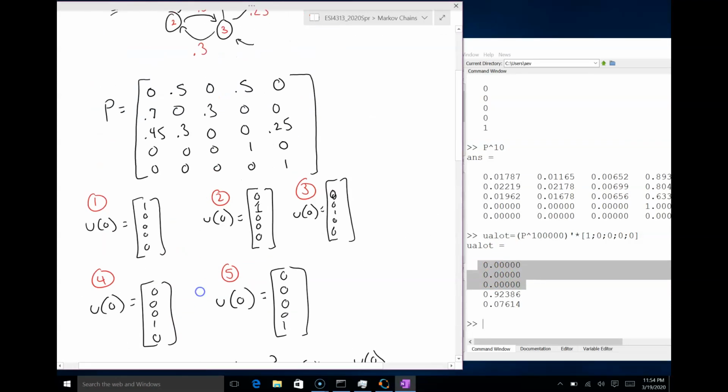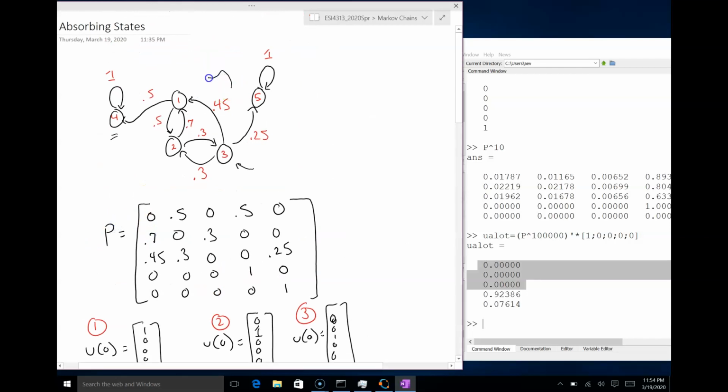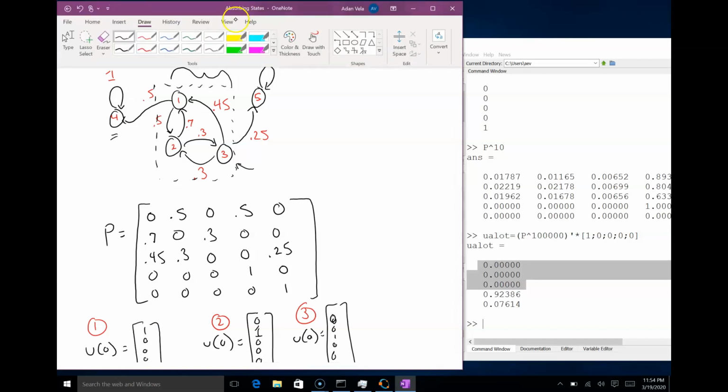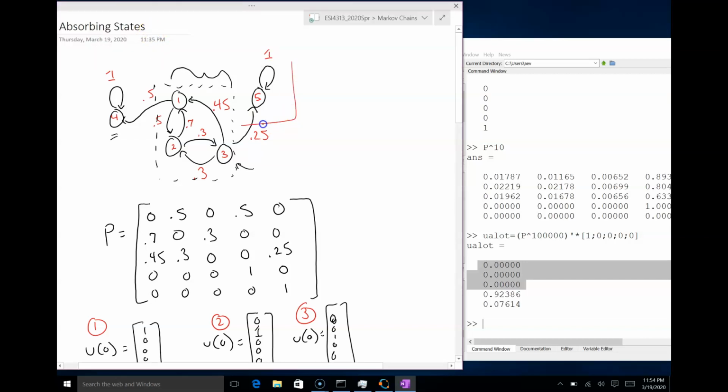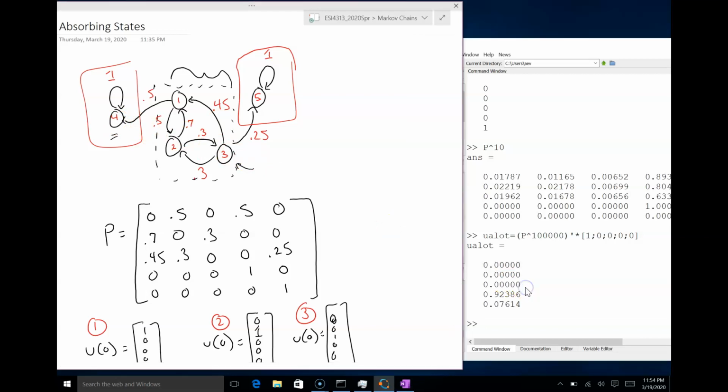So again, these guys here are transient, while states 4 and 5, these guys right here, are absorbing states. And so we sort of see this. It's sort of neat. You bounce around in here randomly, but every now and again you get stuck in state 4 or 5.